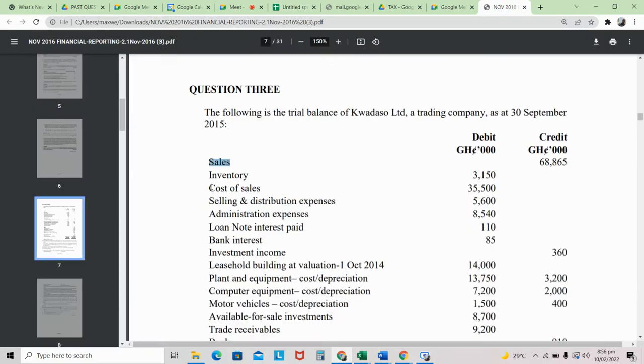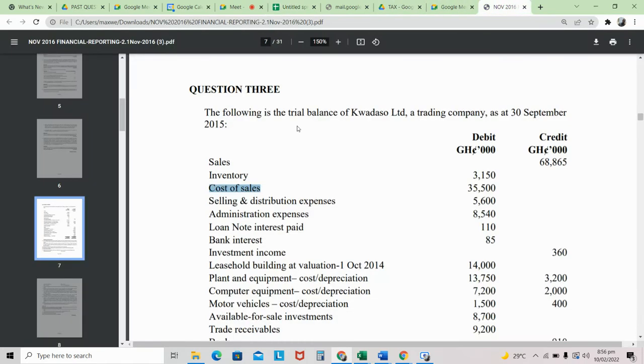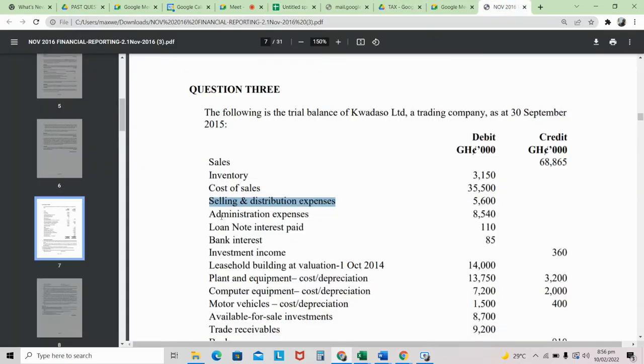Okay, inventory is in the balance sheet. Cost of sales is in the income statement, so cost of sales. Then we have gross profit. After that, what else? Selling and distribution expenses, that one too. Then we have administrative expenses.